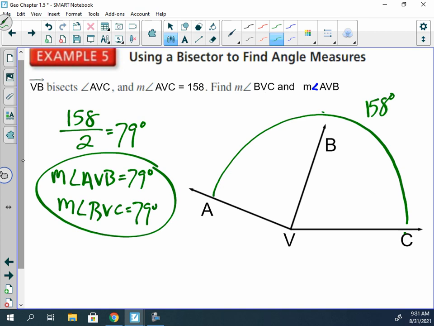It cut it in half. It cut it into two congruent parts. So they will be equal to each other. Any questions on this here?